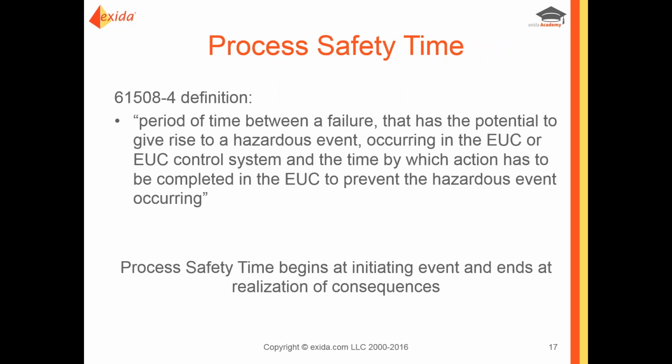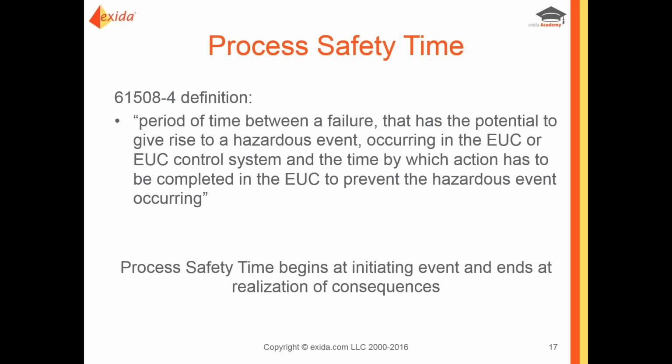So the first thing we need to do is look at our process safety time. IEC 61508-4 actually includes a definition for the process safety time. I'm going to actually read it to you. The period of time between a failure that has the potential to give rise to a hazardous event occurring in the equipment under control or the equipment under control subsystem, and the time by which the action has to be completed in the equipment under control to prevent the hazardous event from occurring.